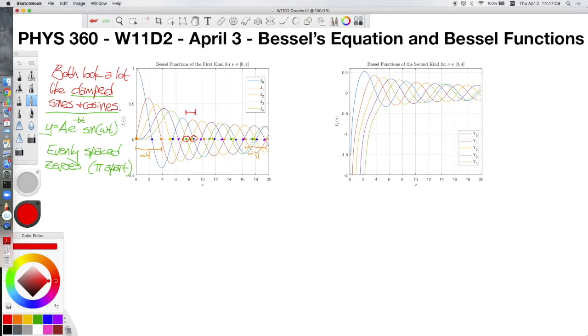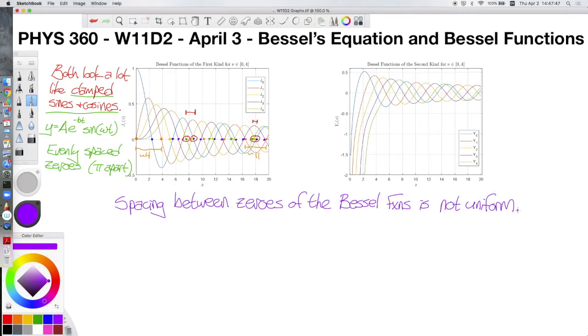But if we go all the way to the end of the graph, to this point right here, then we have our zeros spaced by a much smaller amount. So the spacing between the zeros of both of these functions is not uniform. But even though the spacing between them is not uniform, it does at least have a well-defined limit. As x goes to infinity, the spacing of the zeros approaches pi.